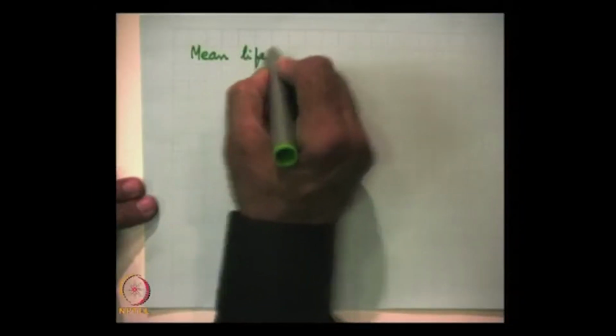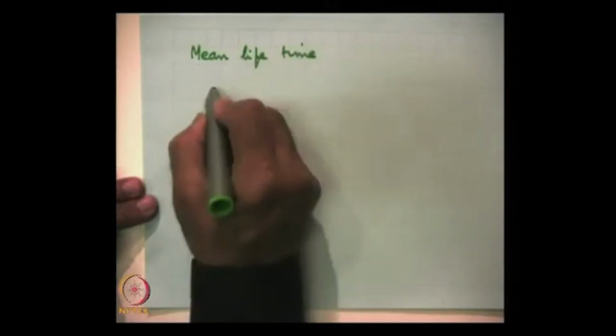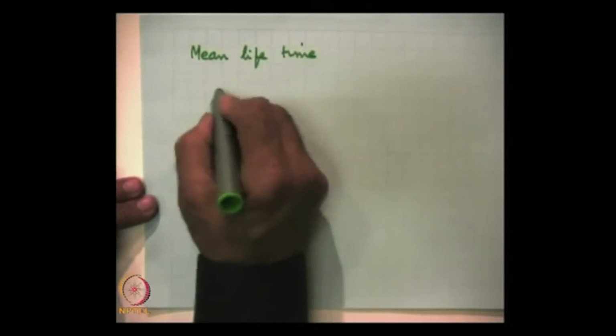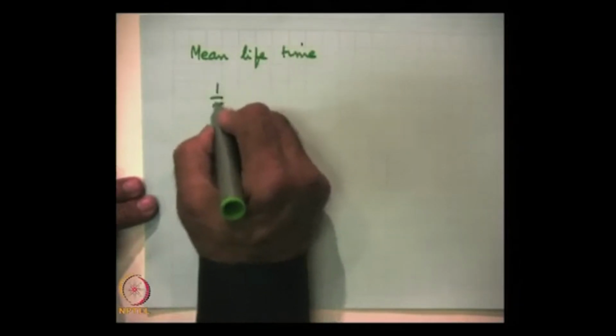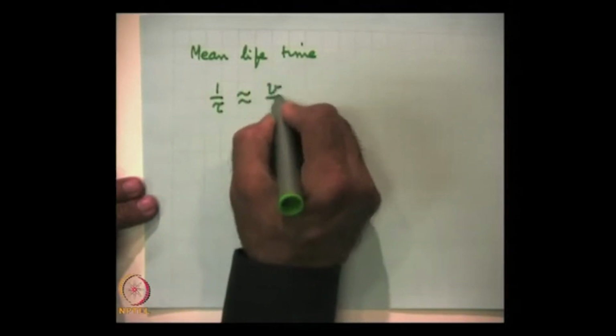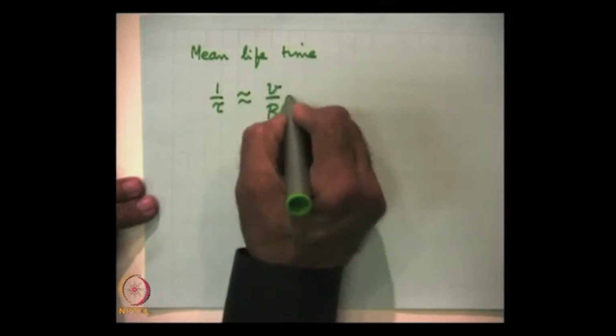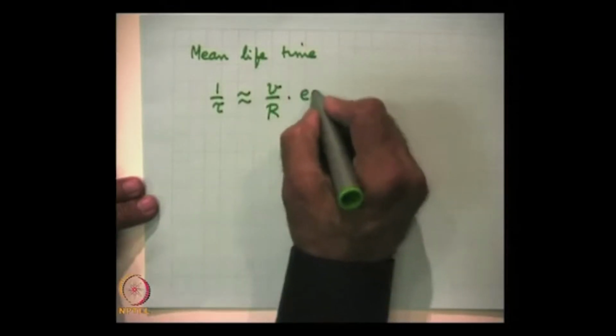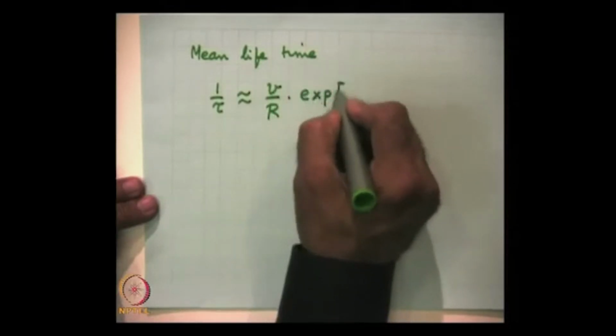So we now have an analytical expression for the lifetime. The mean lifetime is given by 1 over tau equal to V by R into exponential of minus 2g.